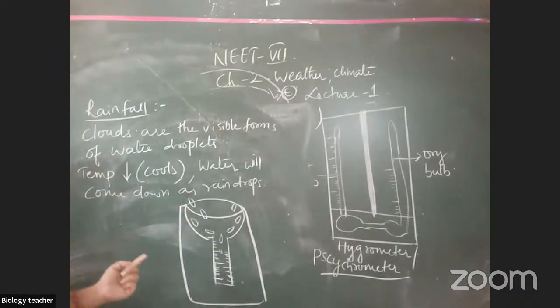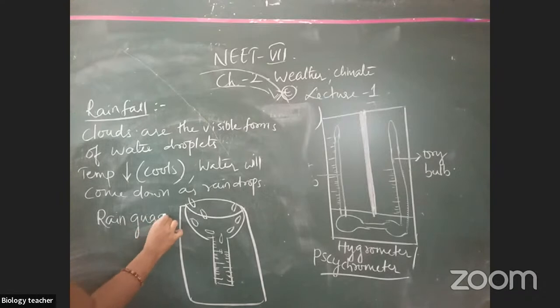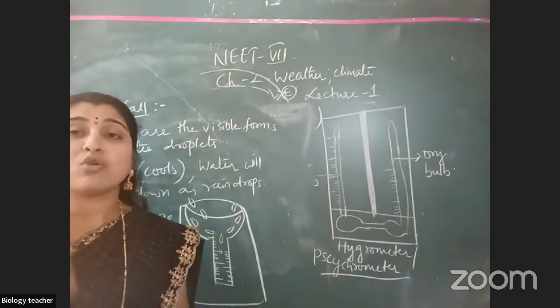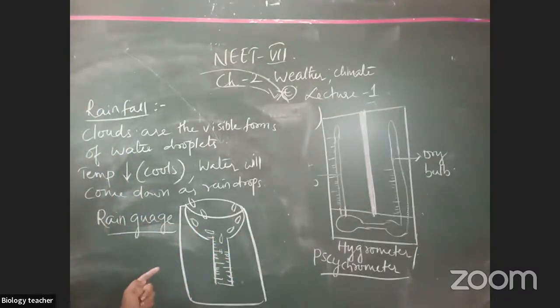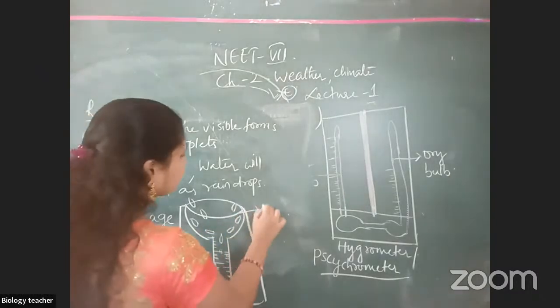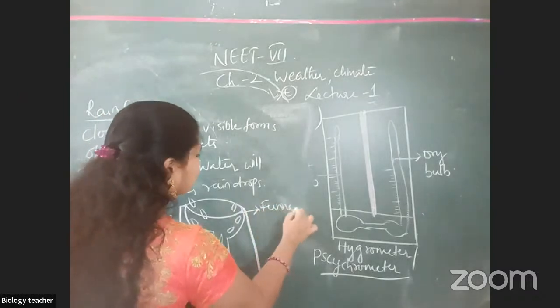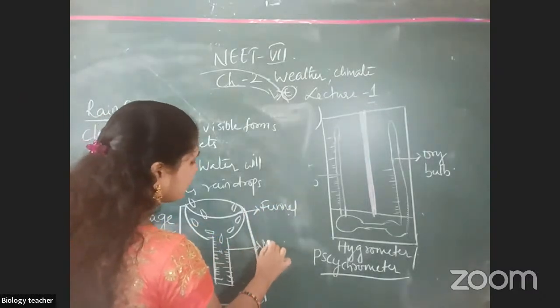This is about the rain gauge. The rain gauge is the instrument used to measure the amount of rainfall. How much rainfall, more or less, can be calculated with the help of the rain gauge. This is the funnel, and this is the measuring cylinder.